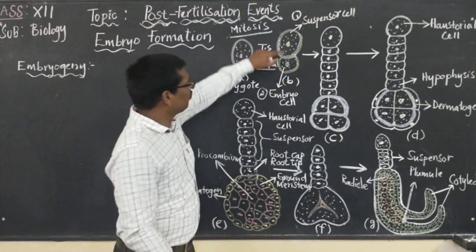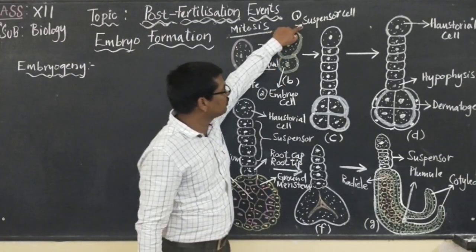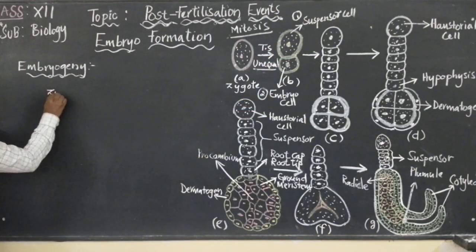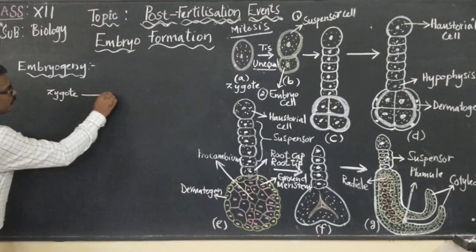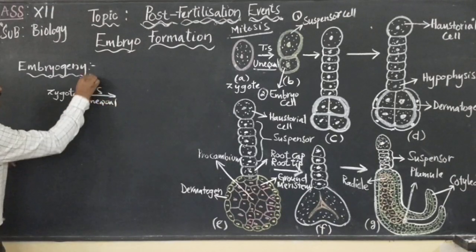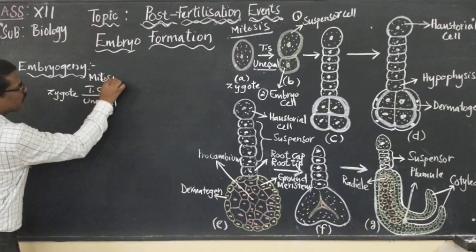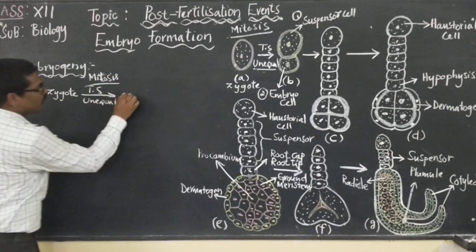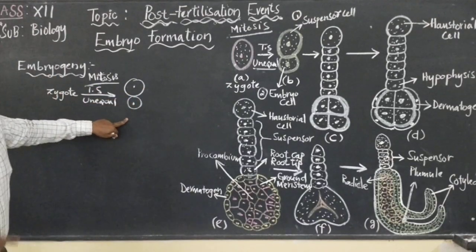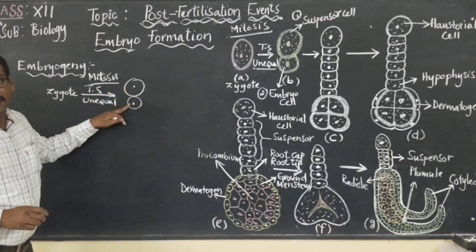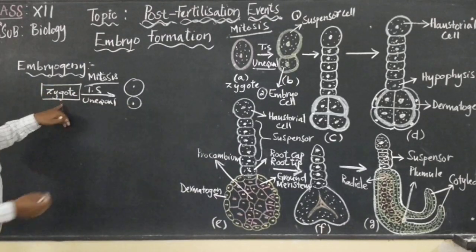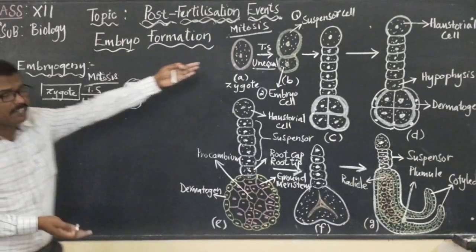It is undergoing mitosis, producing two cells. Where are these two cells present? These two cells are present at the micropyle region, because the zygote is at the micropyle region, and it starts the division there in the ovule.